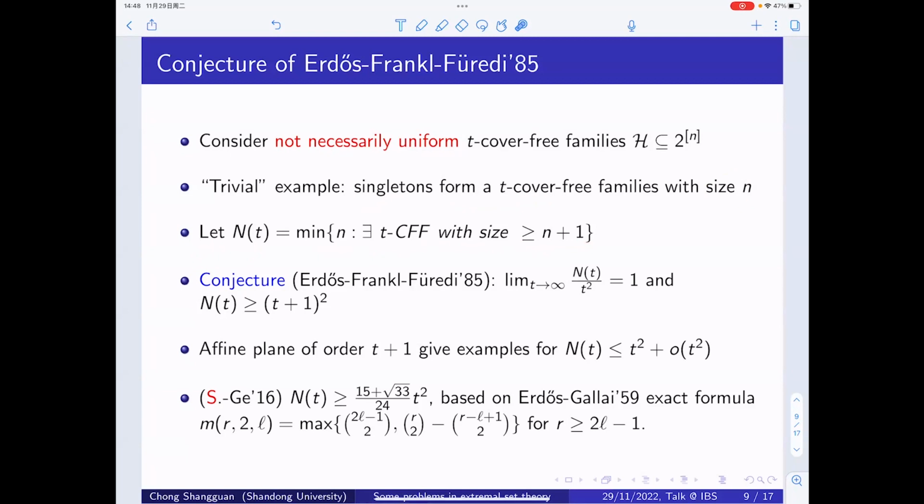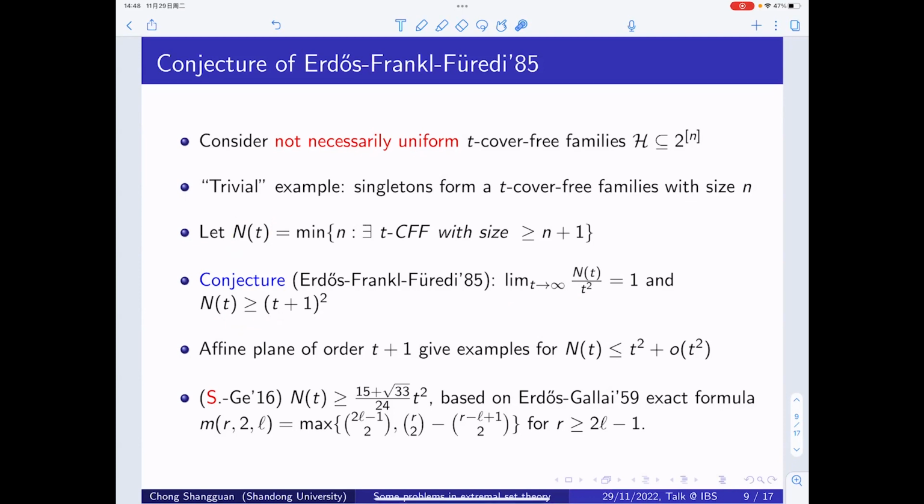Erdős and Frankl and Füredi posed two conjectures on the asymptotic behavior of this N_T. The first conjecture, the weaker one, states that as T tends to infinity, the ratio N_T over T squared tends to 1. Their second conjecture, the stronger one, states that N_T is at least (T plus 1) squared.